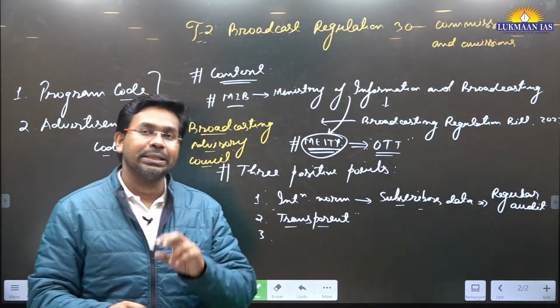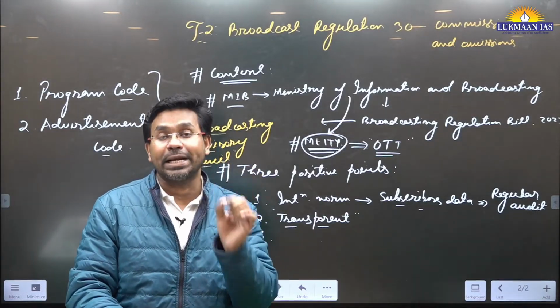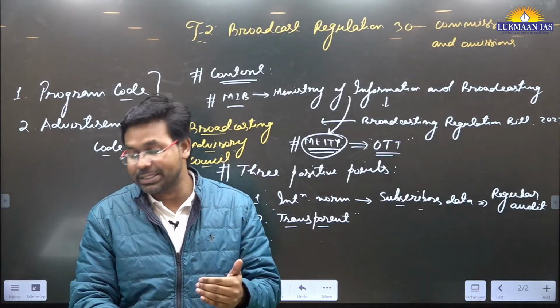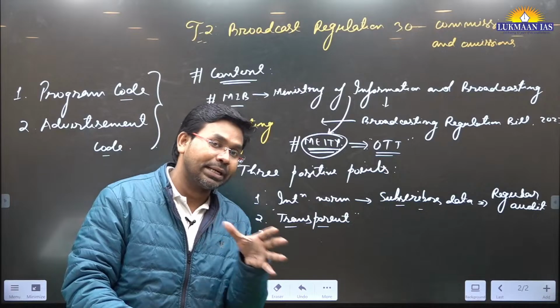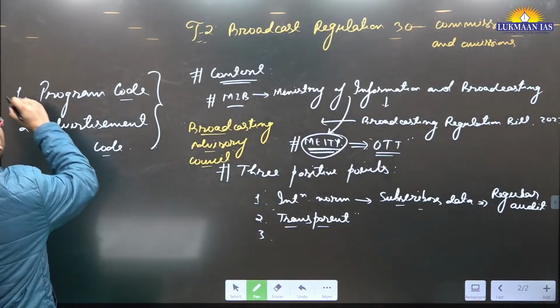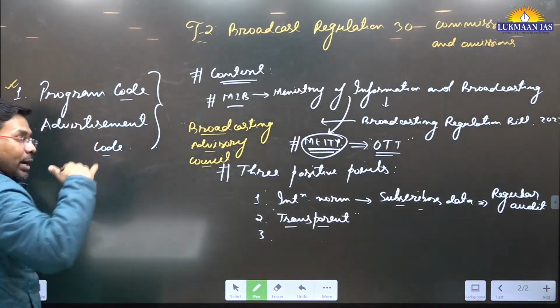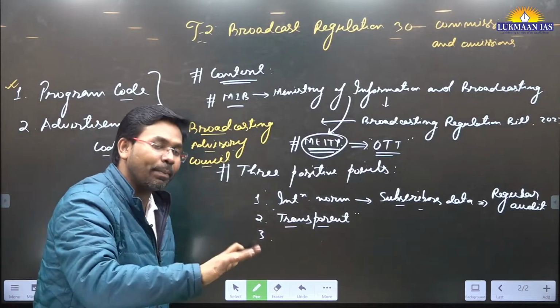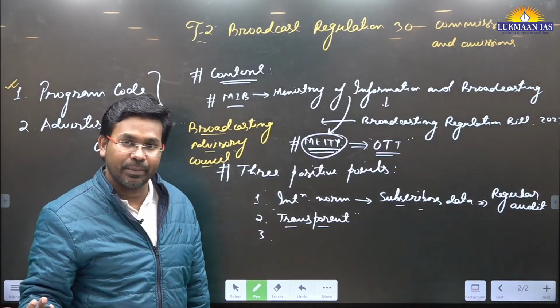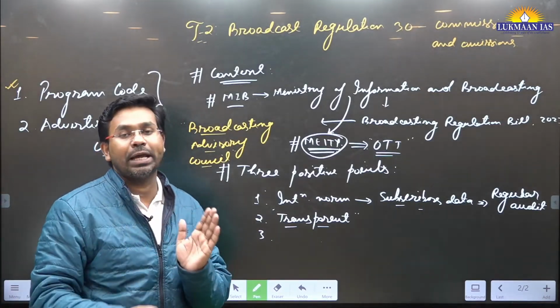Freedom of press and diversity in the country must not be curtailed, because through the program code they may allow certain kinds of programs to be aired and stop other kinds of programs from being aired. So it is going to have an impact on diversity.